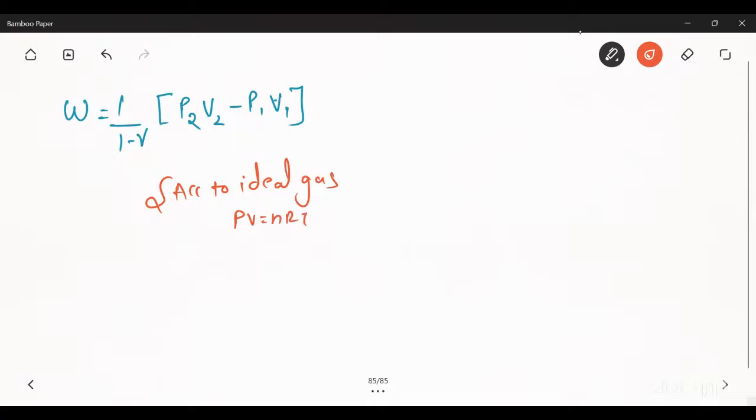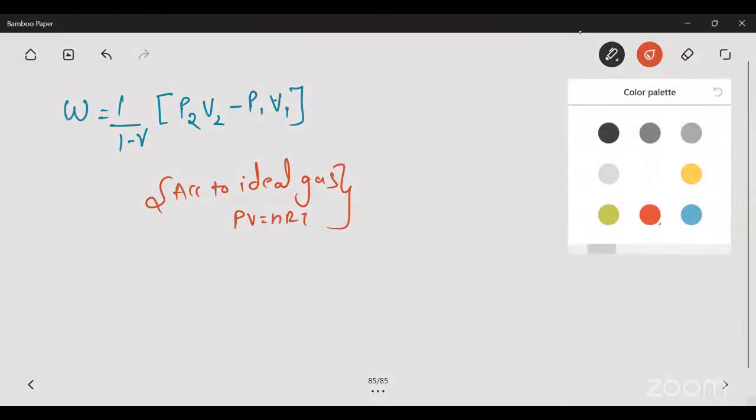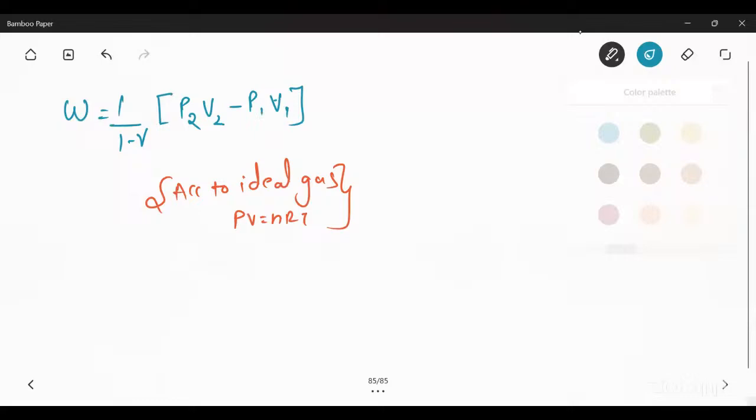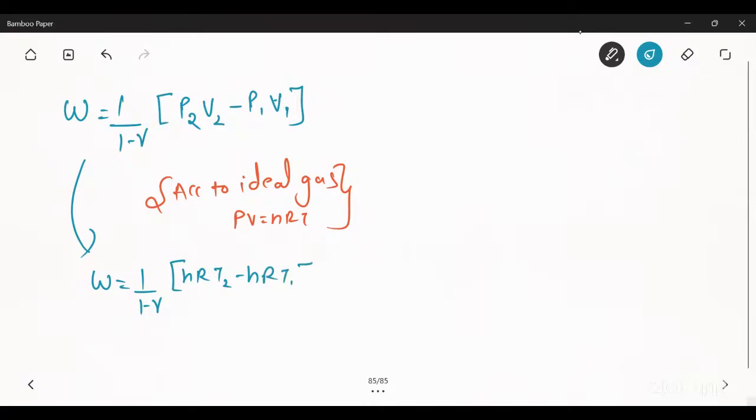So in place of P2 V2, I am writing nRT2. So we get 1 upon 1 minus gamma times nRT2 minus nRT1. So I can also write it as work done is equal to nR upon 1 minus gamma times T2 minus T1.